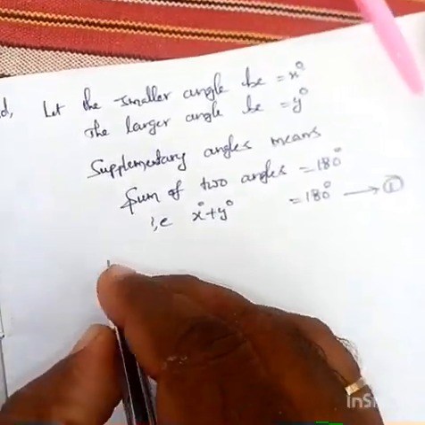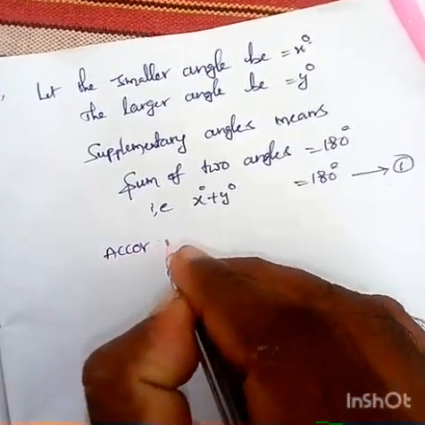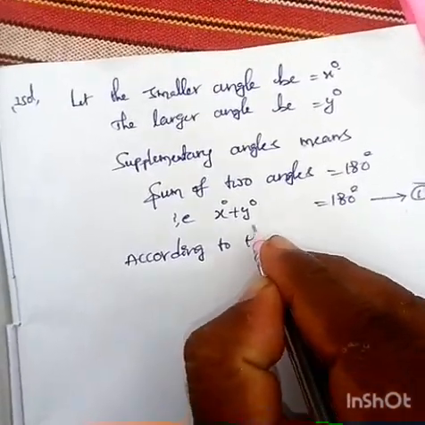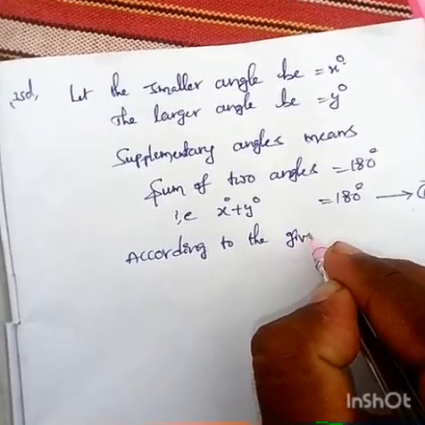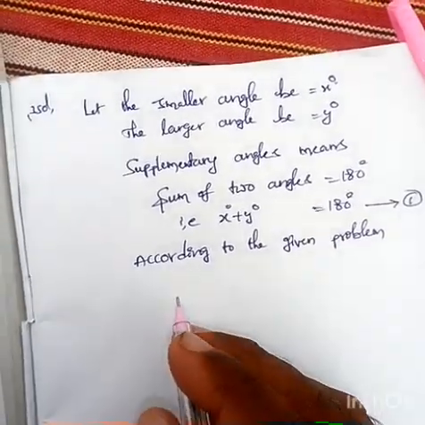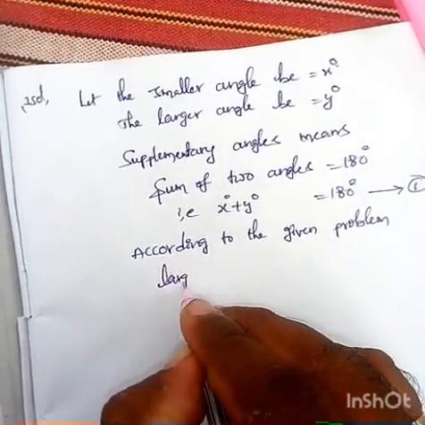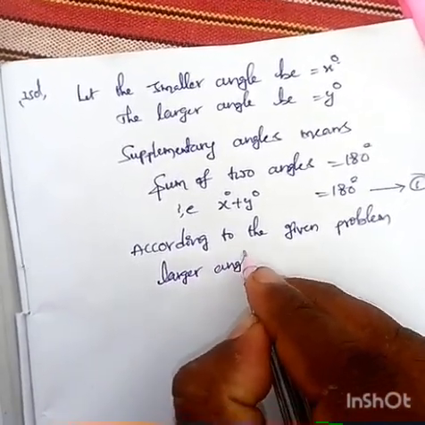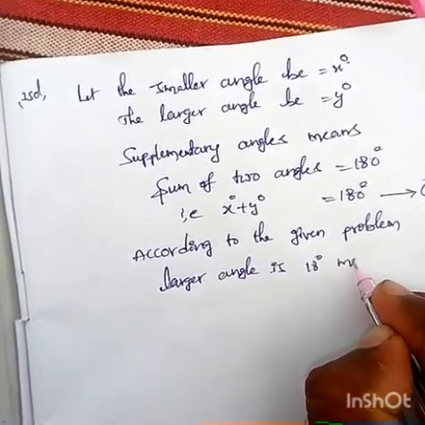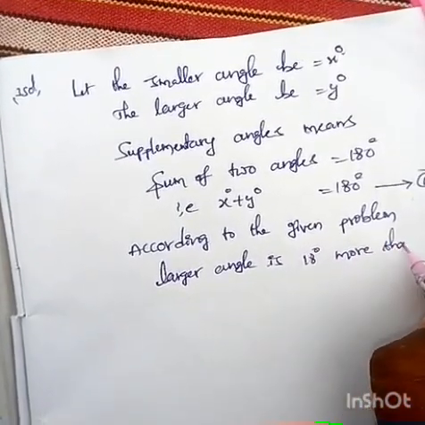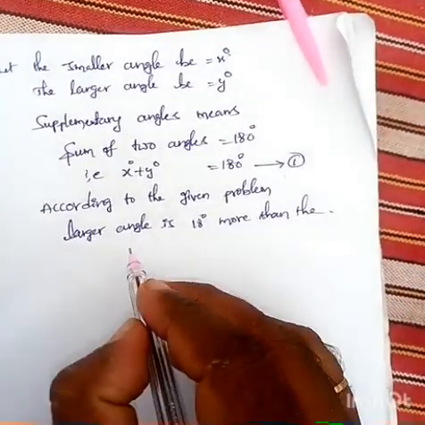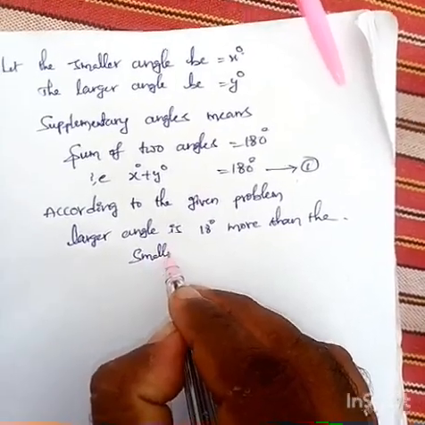That means according to the given problem, the larger angle is 18 degrees more than the smaller angle.